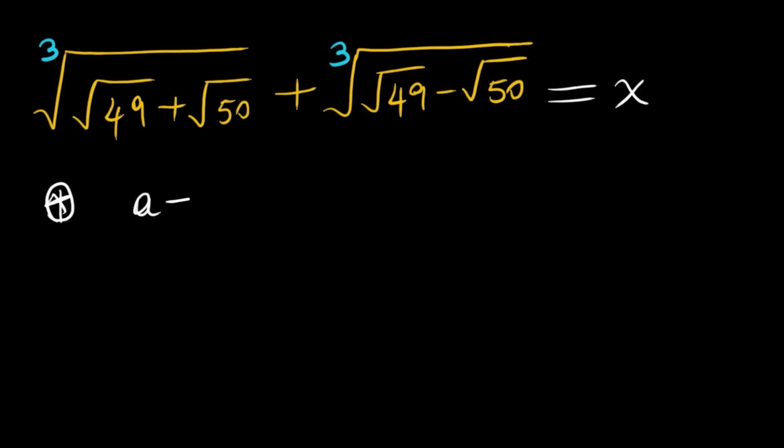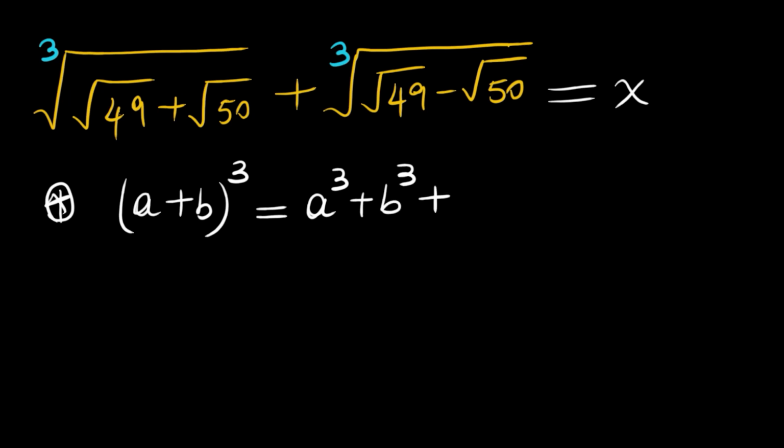Let's use this (a plus b) all cubed formula, and this is equal to a cubed plus b cubed plus the other parts, which are 3 times a squared times b and 3 times a times b squared. This can be written as 3ab times (a plus b) again. We will use this version of the formula. Let's try to cube now.